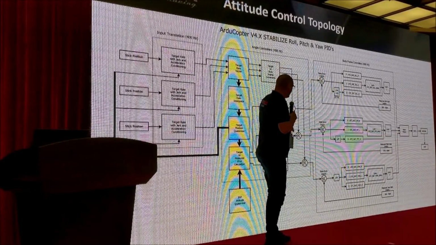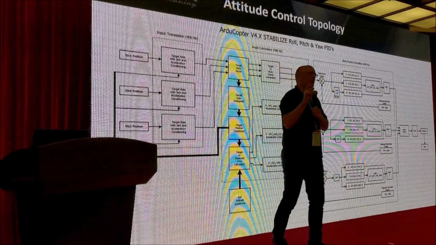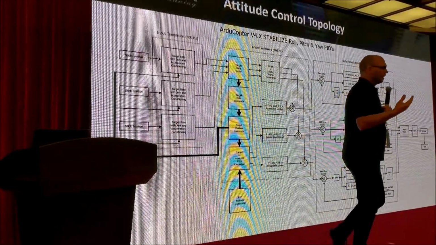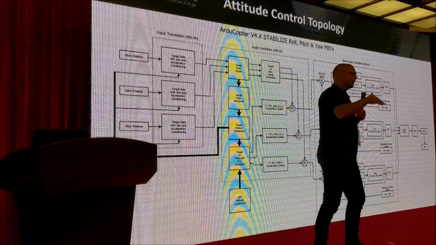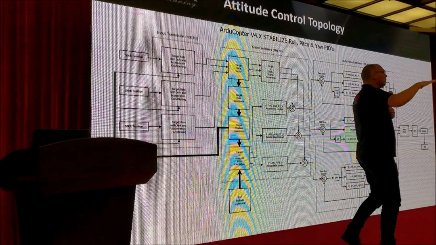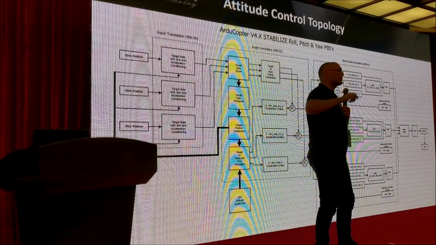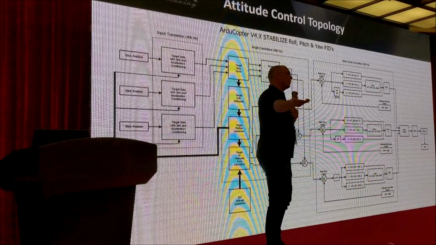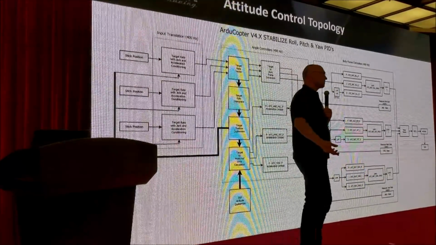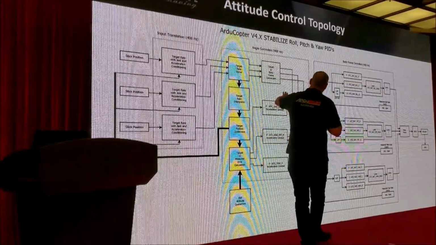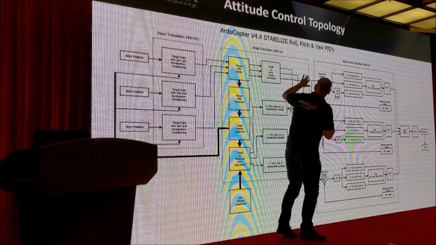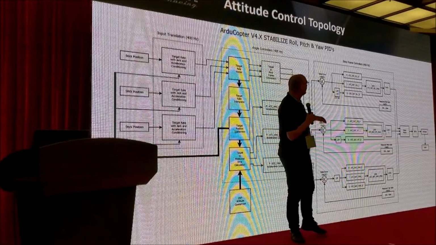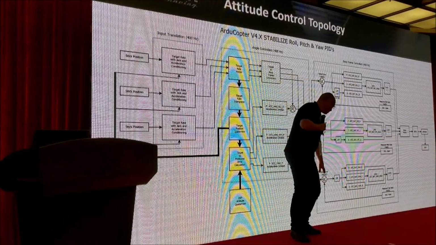And these rates that are coming out here are to correct that small error. That might be from a disturbance, it might be because you're flying fast forwards and you've just tipped a little bit forwards as the wind's caught you. Or it might be one of the motors has failed and you're dealing with a sudden loss of thrust on one corner. So the output of these two systems comes into three rate requests: a roll, a pitch, and a yaw.